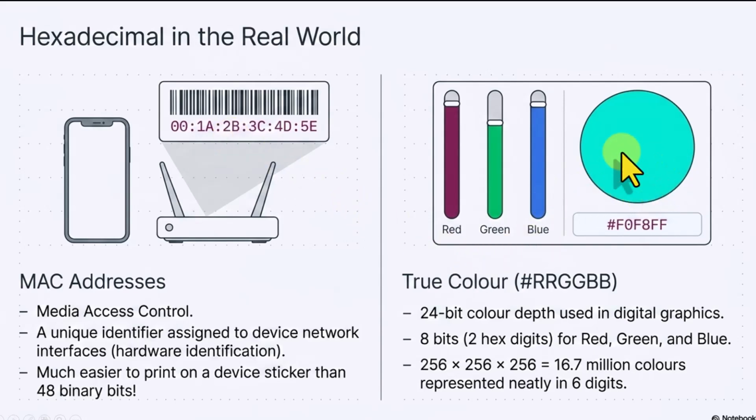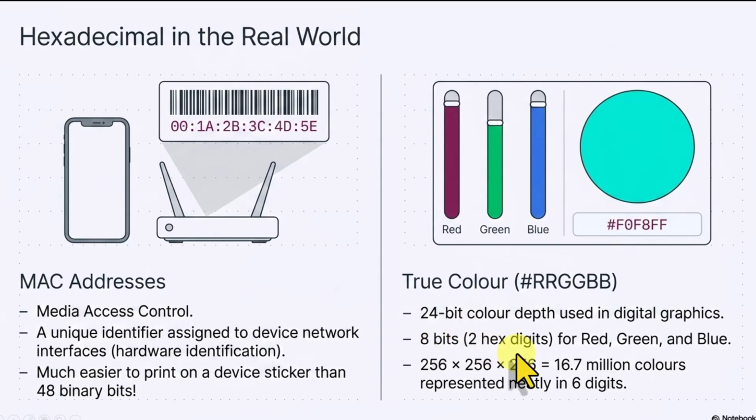Or for example, to show colors, true colors. The first two digits show the amount of red, the next two show the amount of green, and the next two show the amount of blue. So this is 24-bit color depth used in digital graphics. 8 bits means 2 hex digits each for red, green, and blue. So for each one of them, we'll have 8 bits. Change it to binary or to hexadecimal, you will have 2 hex digits.